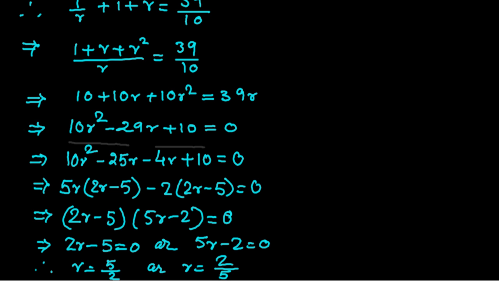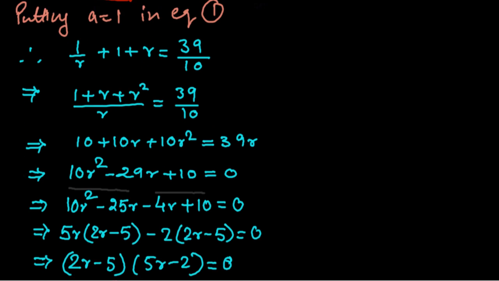Now we have got the common ratio. R either may be 5 by 2 or 2 by 5.